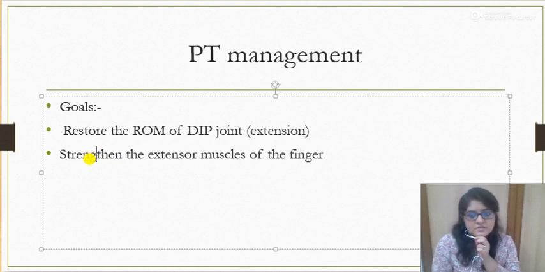The patient has to be taught the extension exercises of the finger, so that he can continue the same exercises at home a couple of times, so that the restoration of the range of motion is done, and the physiotherapist can start the Maitland mobilization for the DIP joint to improve the extension, and passive stretches can be given at the DIP joint to restore the range of motion.